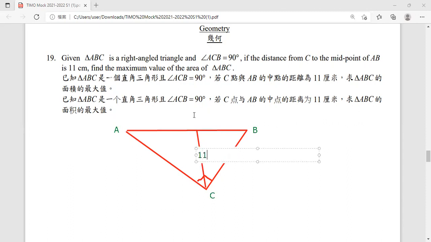This is 11, and this is the midpoint. So what is the maximum area of ABC? It's 0, I told you it's 0.